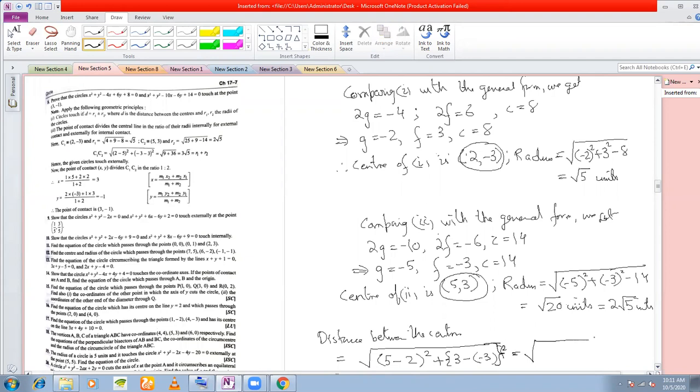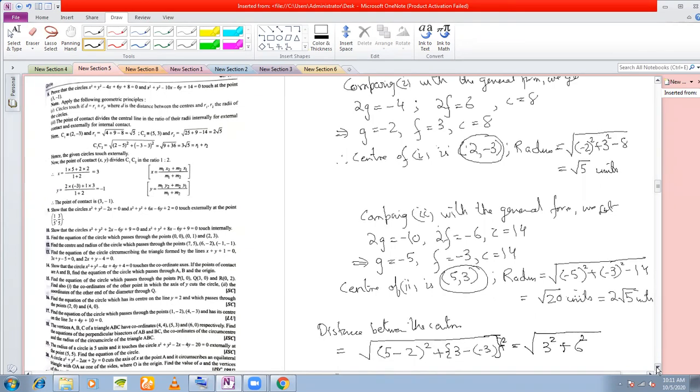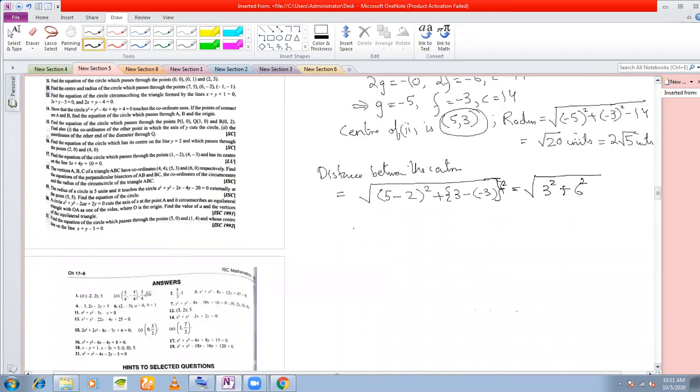So which is root over of 3 square plus 6 square, which is root over of 9 plus 36, which is square root of 45, which is 3 root 5. So I've got the distance between the centers as 3 root 5.